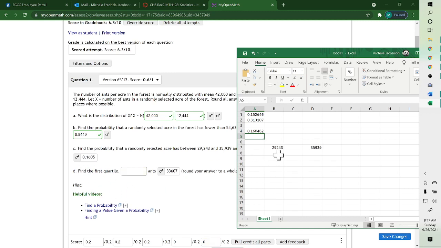For a quartile, when we have the first quartile, what did they want? Oh, first quartile. First quartile, 25% of the data is below it, because you have Q1, and this is 25%.